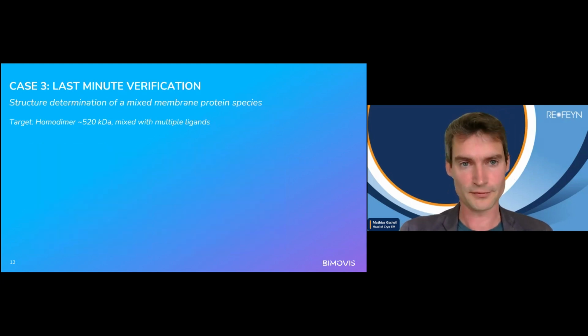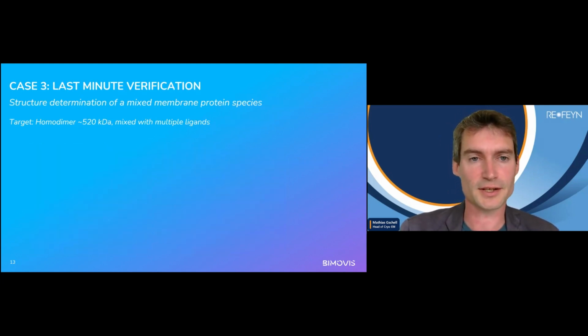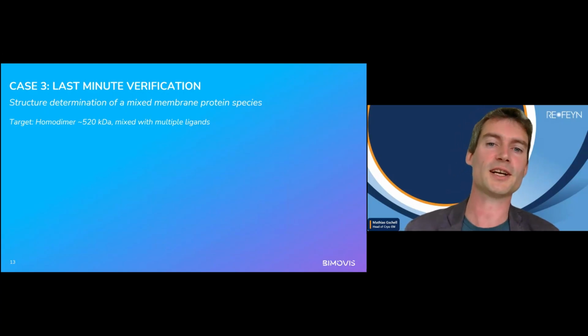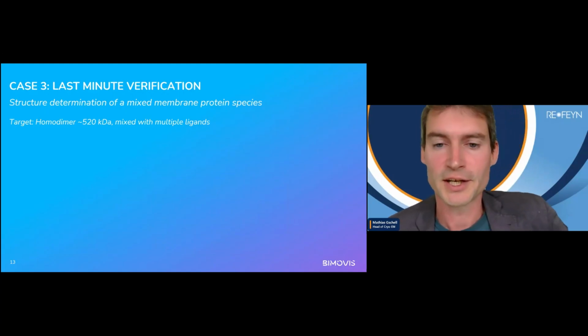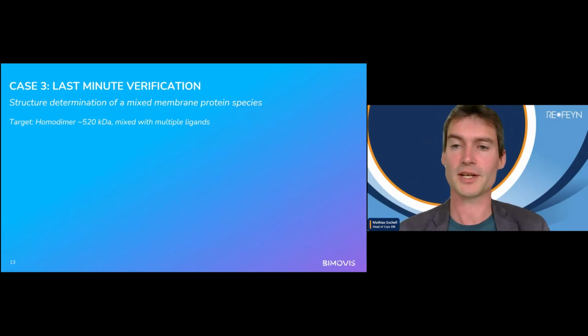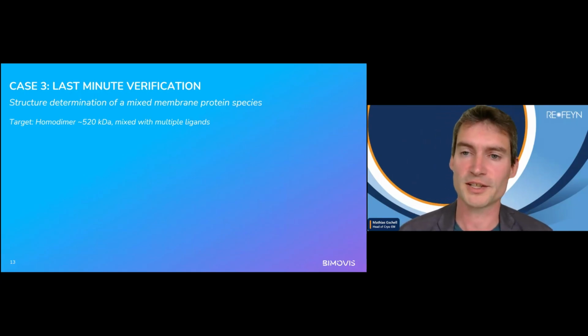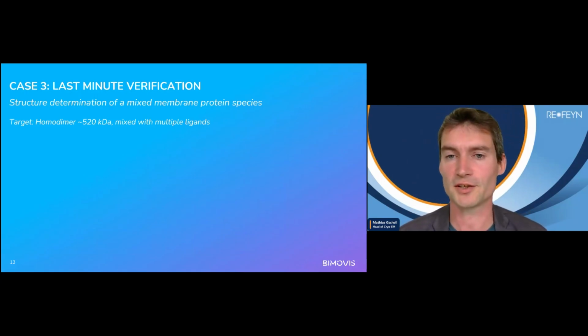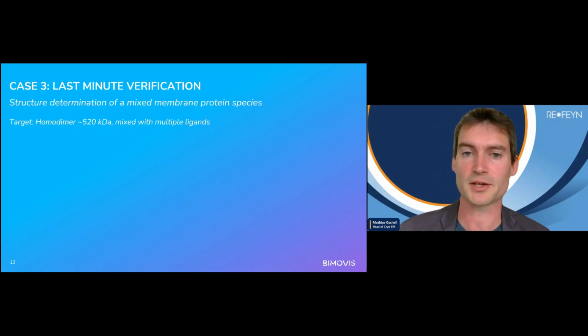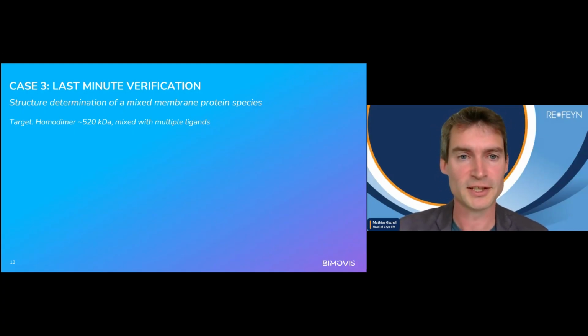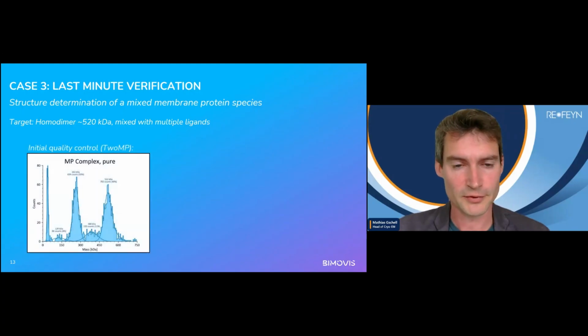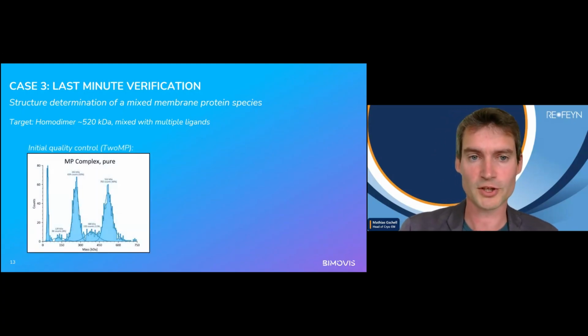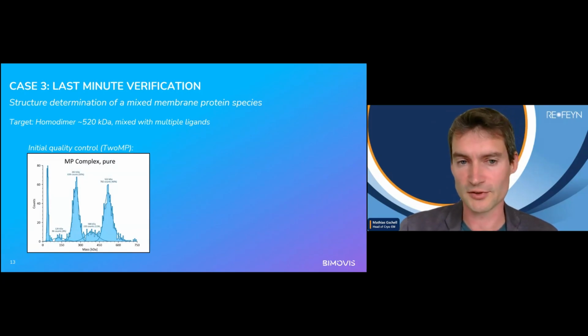So for the first example, I've put the last minute verification in. This is basically just another measurement, but it is in a way convenient that I could not reproduce with any other method to date. Basically, here we're working with a homodimer of 520 kilodaltons that was purified in-house.